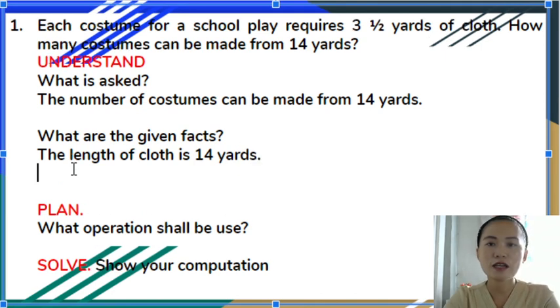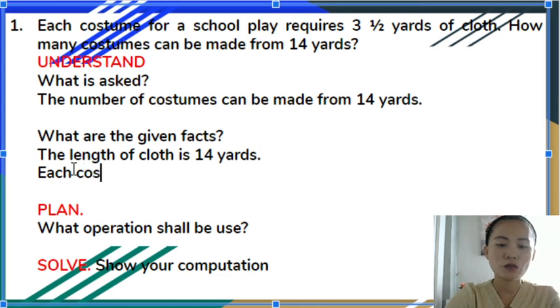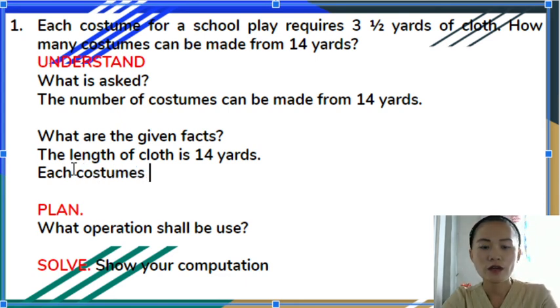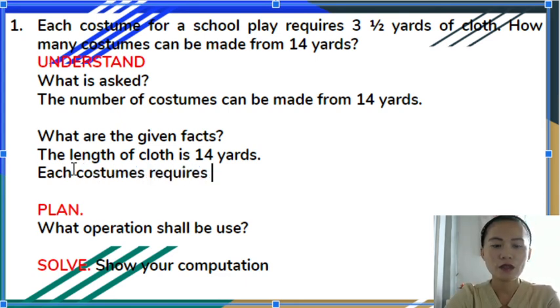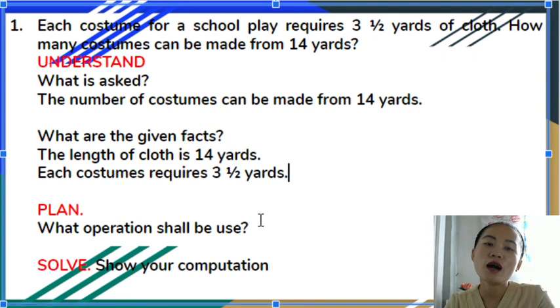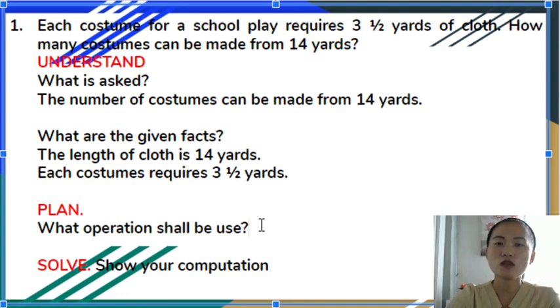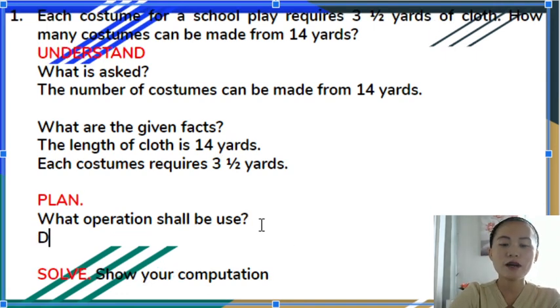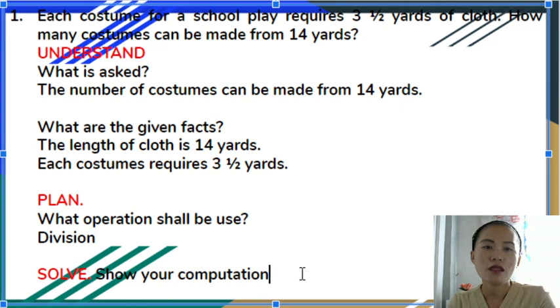And then the second one, each costume requires 3.5 yards. Okay, so those are the given facts. Now, what operation shall be used? So, of course, we make use of division. And then, last step is you're going to solve.